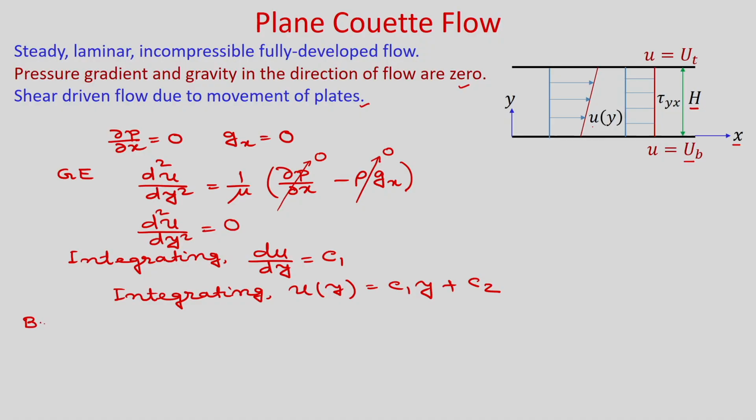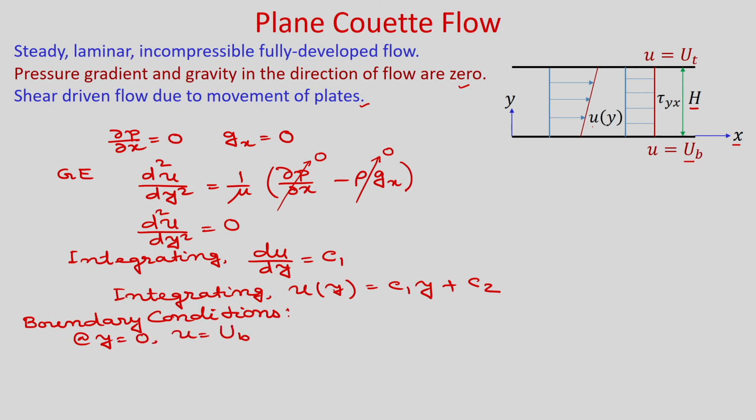We have the velocities known at the bottom and top plates. So, what are the boundary conditions? At y is equal to 0, u is equal to u b.